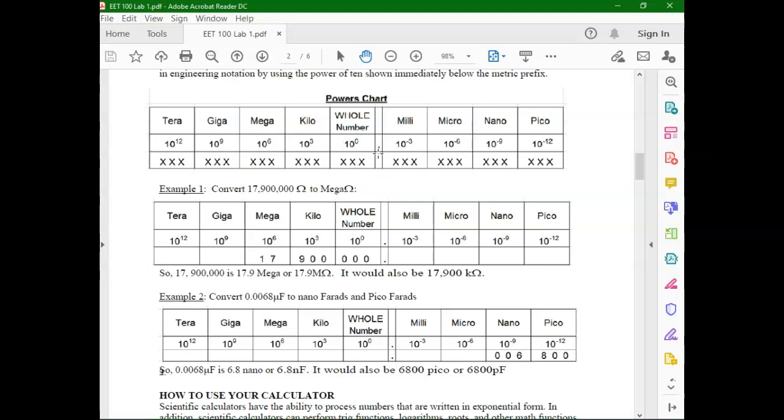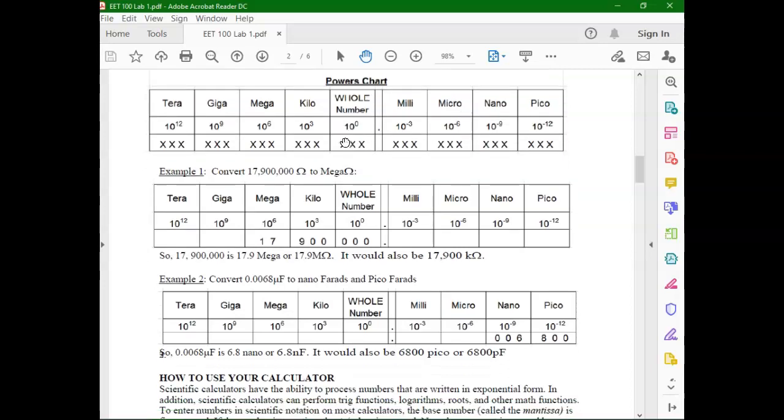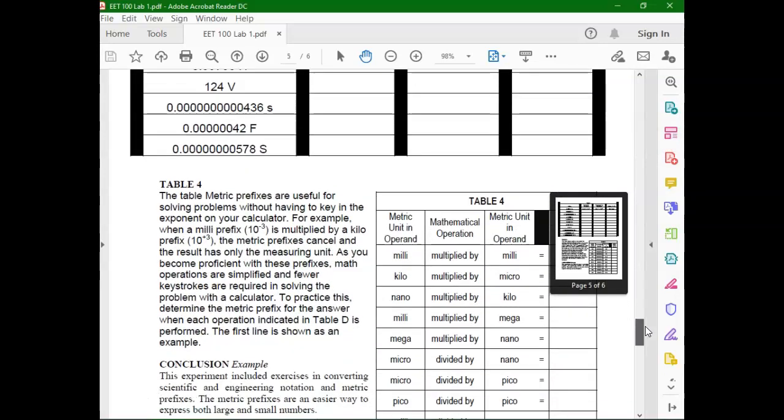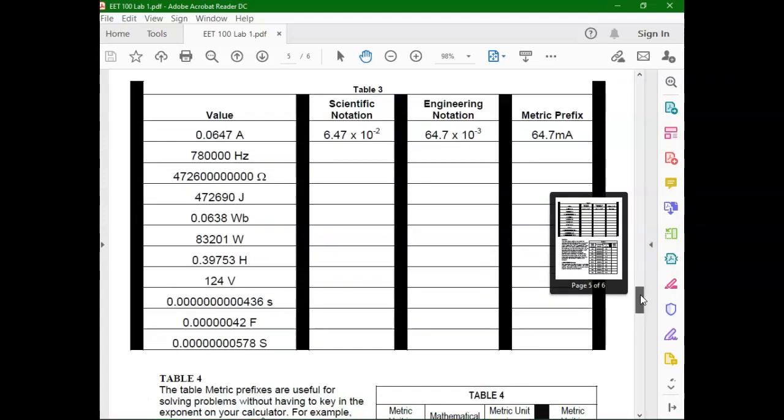Everybody see that? There's no prefix for the whole number. So that 124 falls here. So I'd have 10 to the 0, which basically means it's just canceled out. So it's just 124 volts. Questions on that, guys?